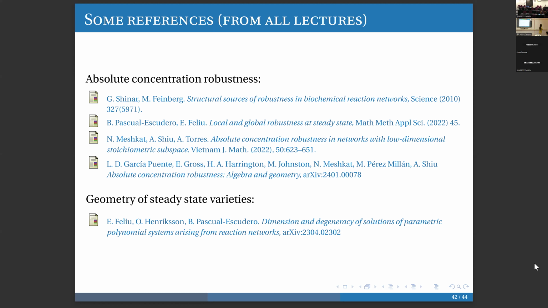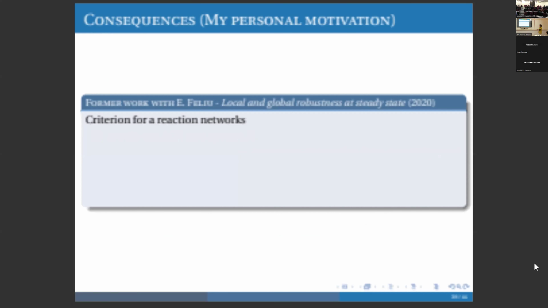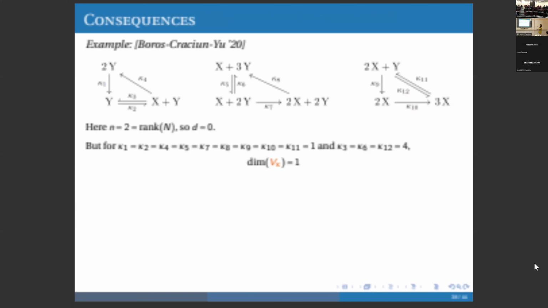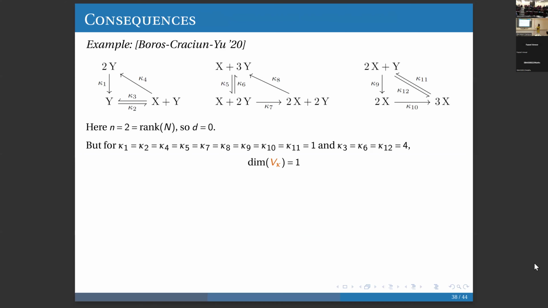Well, there are several consequences that this has. For instance, there is this network, the big network that I showed, the one with several components. So this allows us to say that for this network, you cannot find infinitely many steady states in each irreducible component and each compatibility class generically.